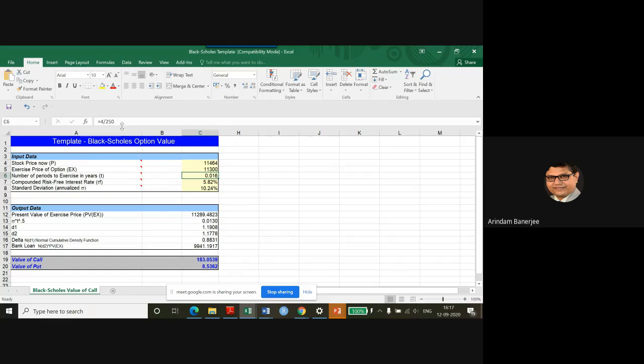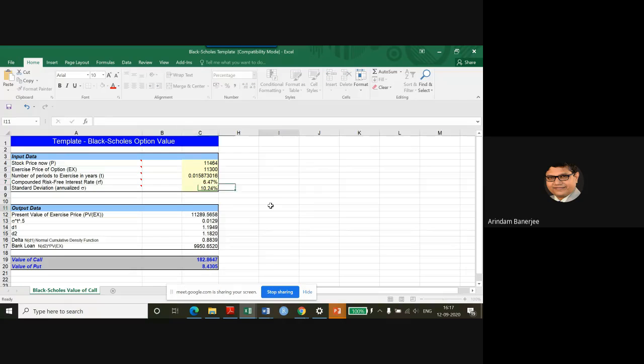Today is Saturday, so Monday is a weekly expiry. Monday, Tuesday, Wednesday, Thursday. So 4 days, and I am making it 252 actually. Risk-free rate we have seen, 6.47% at that time.